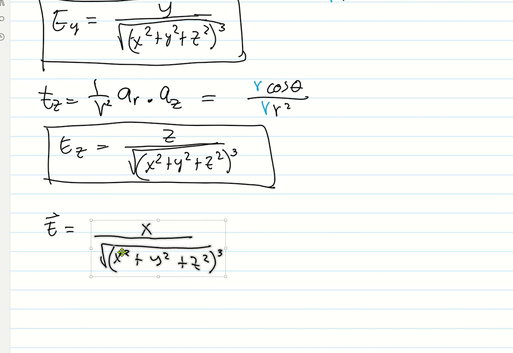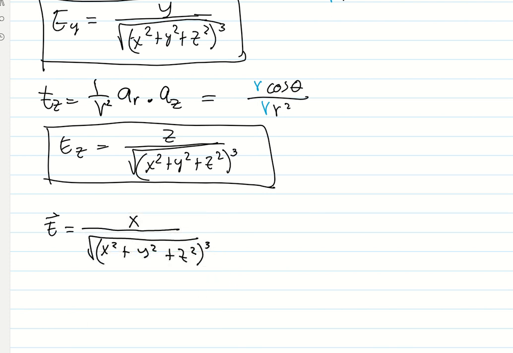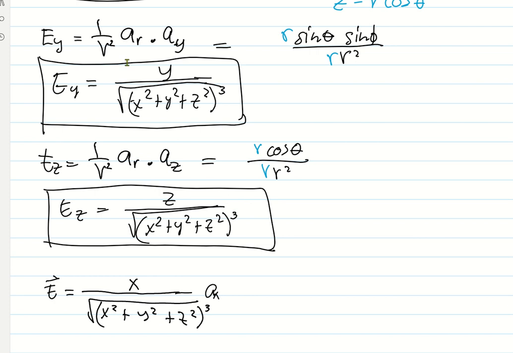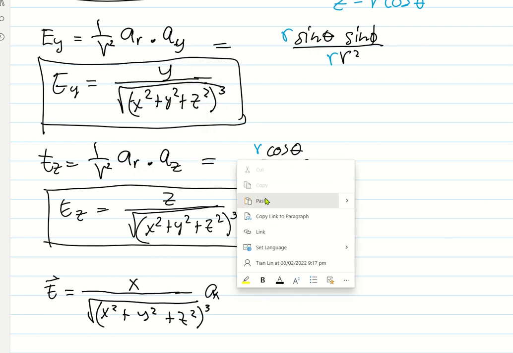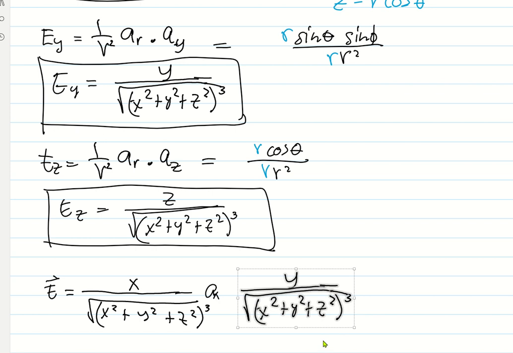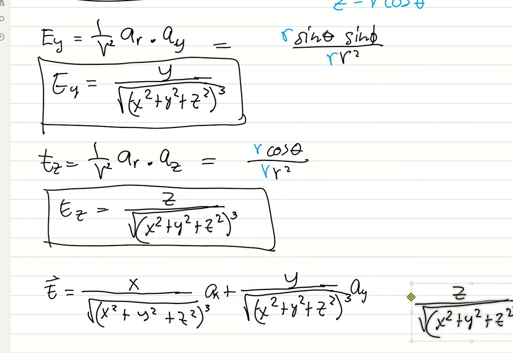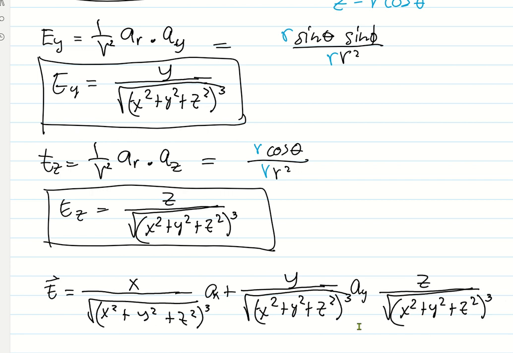This is in the a_x direction. For the a_y direction, this is our component. Last, this is in the a_y direction. And lastly, for a_z, this is also plus z in the z direction.